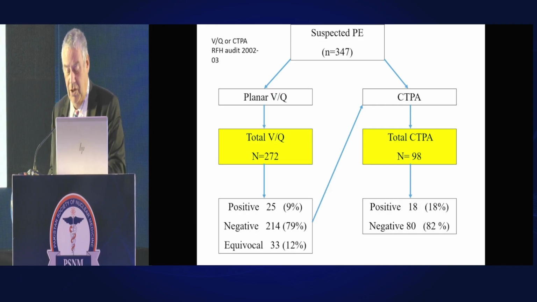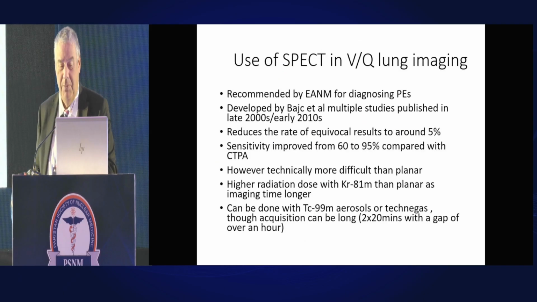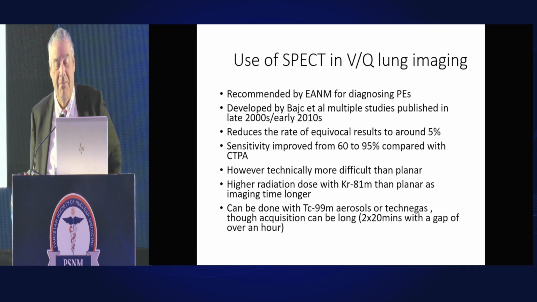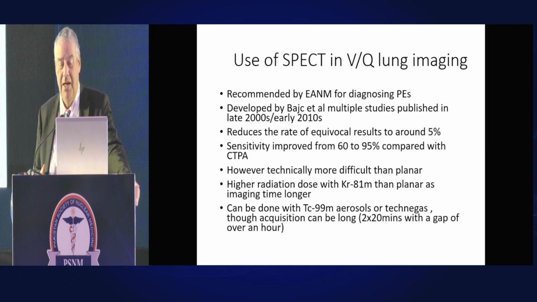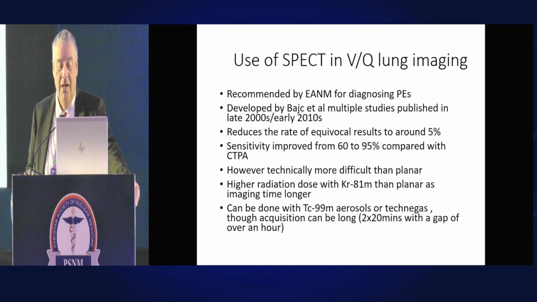And we'd really reached the limit of what we could achieve with planar imaging. So SPECT VQ became the next thing, and this was all developed by Professor Bajc, who works in Sweden. She did multiple studies published in the late 2000s, early 2010s, and she was able to reduce that equivocal rate from around 13% down to about 5%.